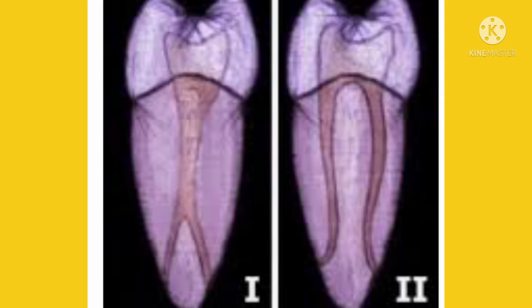The palatal canal is generally the larger of the two canals. It is directly under the palatal cusp, and its orifice can be penetrated by following the palatal wall of the pulp chamber. The buccal canal is directly under the buccal cusp, and its orifice can be penetrated by following the buccal wall of the pulp chamber.